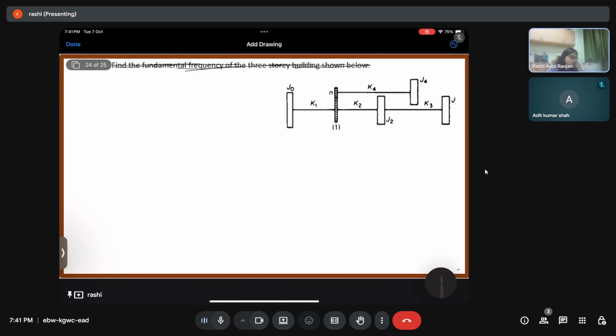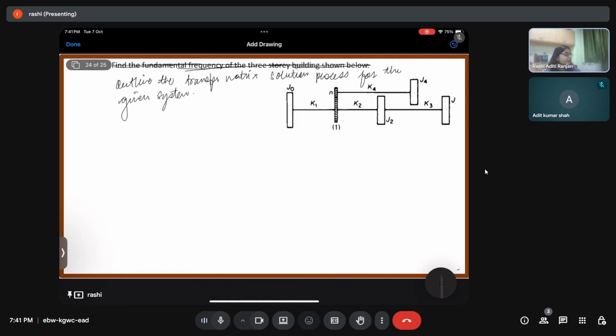Okay, so for this question, outline the transfer matrix solution process for the given system.